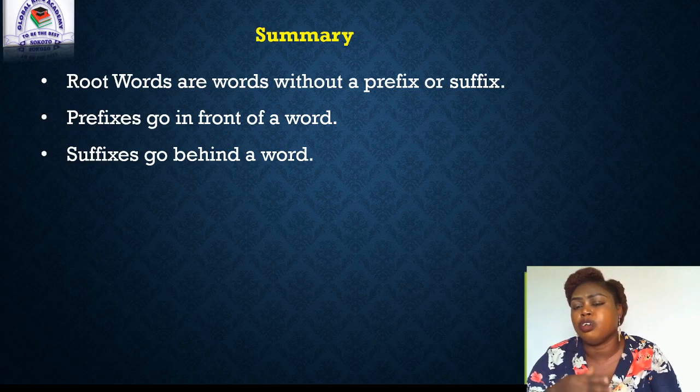Prefixes go in front of a word. You should take note of that. Prefixes are always added at the front of the word, while suffixes go behind, that is, at the end of the word. You shouldn't mix the both of them.